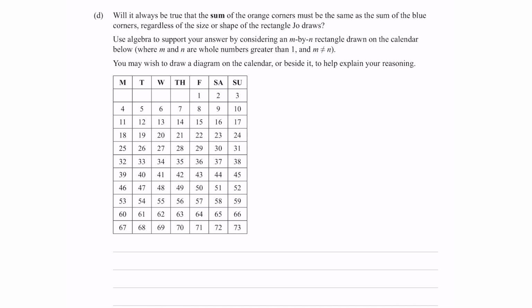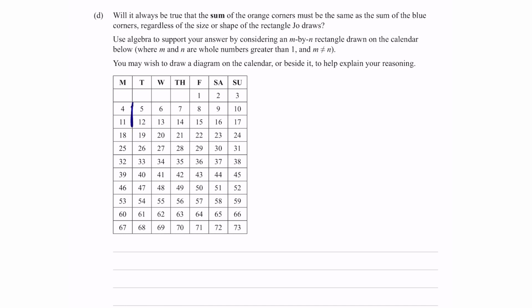But if you just draw a whole bunch of rectangles of differing values of m by n, say a 2 by 2, we can see that 5 plus 13 is 18, and 12 plus 6 is 18. So this seems to hold for a 2 by 2.